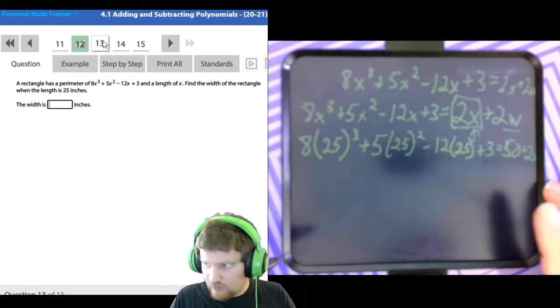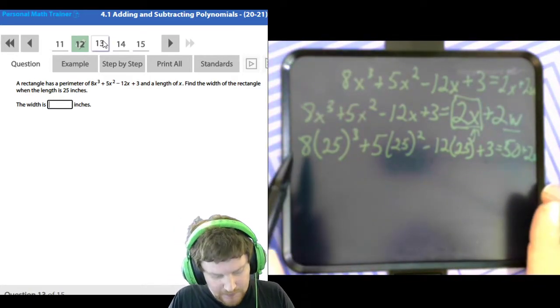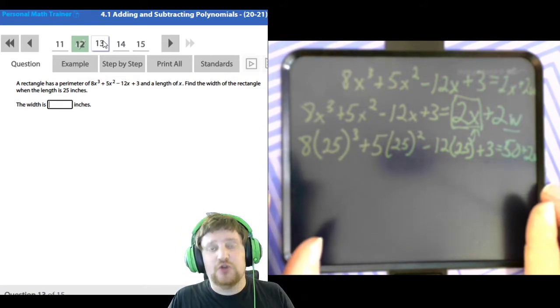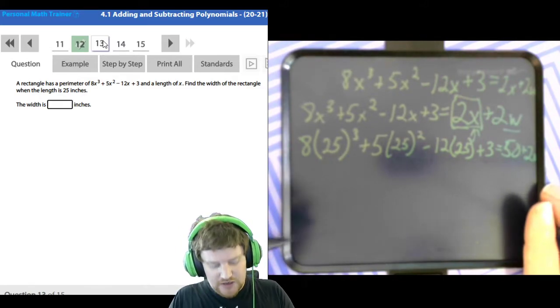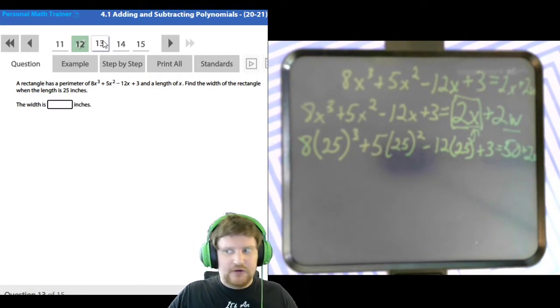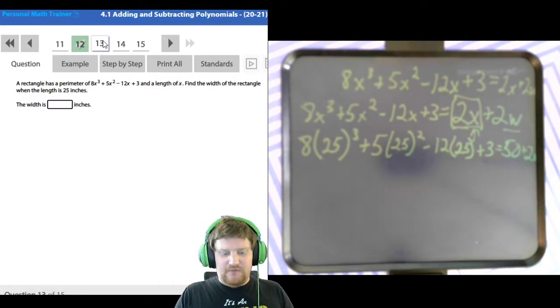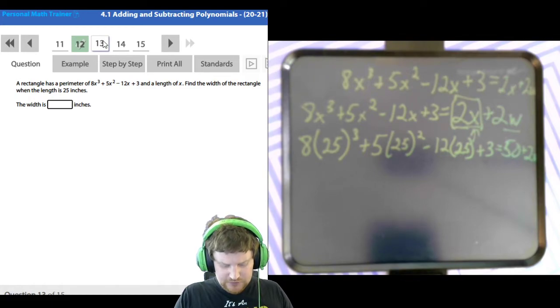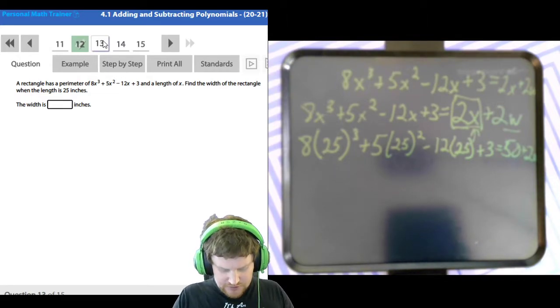Running out of room a little bit at the end here. 25 cubed, 25 times 25. This may take a second, or we can use a calculator. So I'm going to use the calculator on my phone so I don't have to pull up Desmos. So I can do a lot in my head, but large numbers times large numbers is not fun.